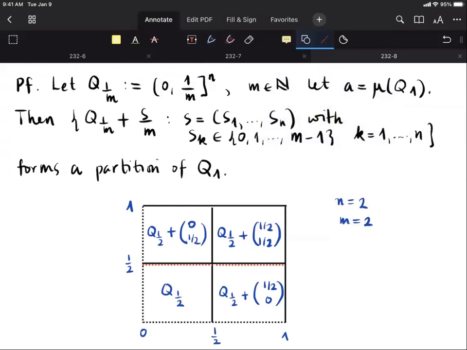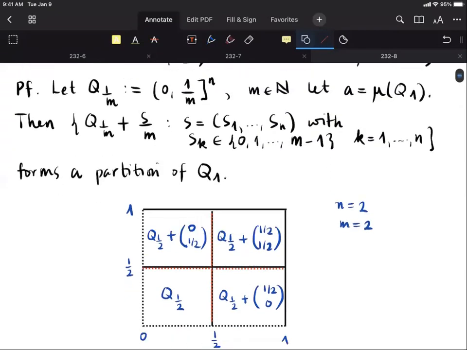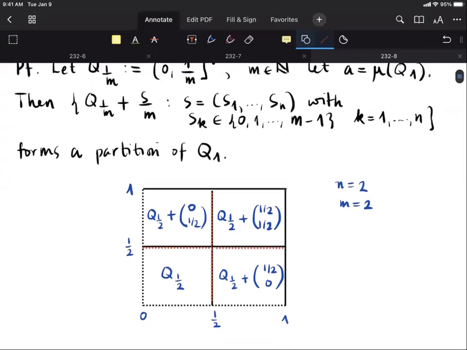However, it will be included in the lower portion. And similarly, these 2 parts. So in other words, these dashed red lines will be only counted once. So indeed, we partitioned this unit cube Q1 into 4 sets.